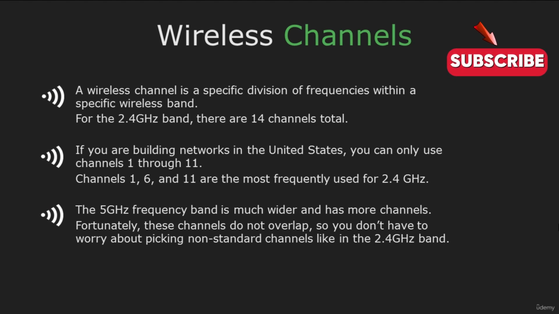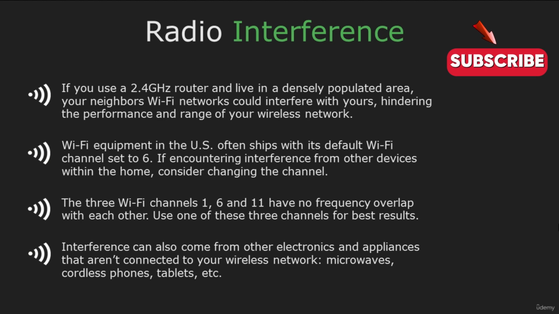Now, we have the wireless channels, and a wireless channel is a specific division of frequency within a specific wireless band. If you are building networks in the United States, you can only use channels 1 through 11. Channels 1, 6, and 11 are the most frequently used for 2.4. The 5 GHz frequency band is much wider and has more channels, fortunately.